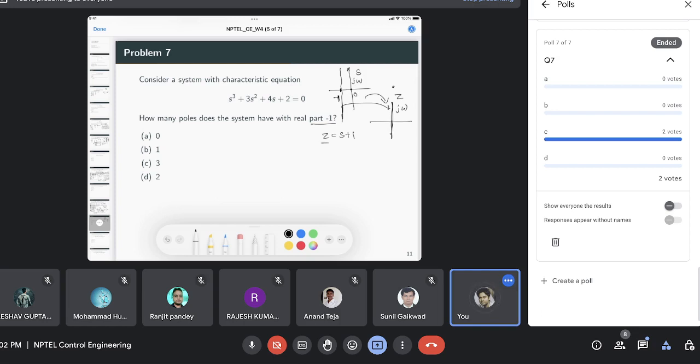So this transformation z equal to s plus 1 will transform this -1 axis to the 0 axis, or j omega axis, the real part 0 axis, in the z plane. Is it clear? You can ask if it is not clear, because you need to understand this before you proceed.